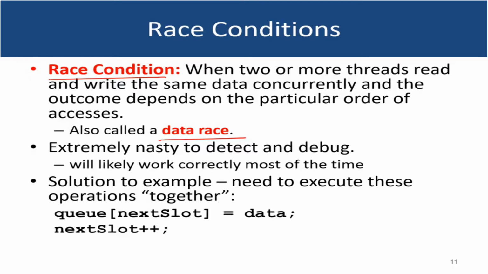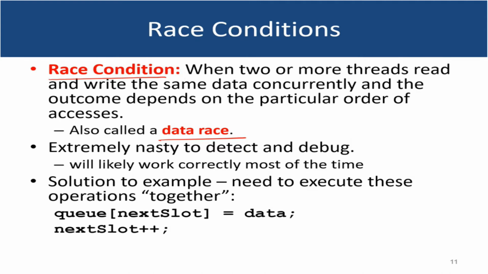When both these instructions were executed consecutively by a given thread without interruptions, there were no problems. Only when a thread was interrupted between the two instructions because of, let's say, a context switch, there was a problem. So given this behavior, such bugs are very hard to reproduce, detect and debug.